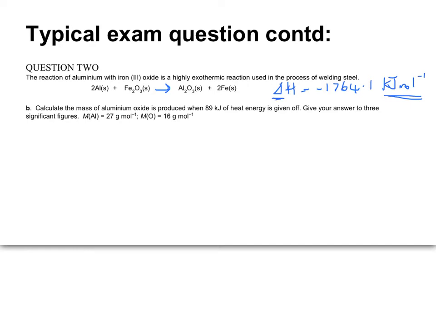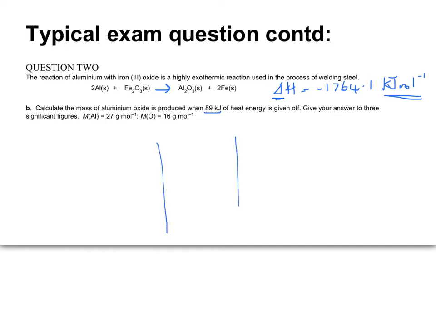Okay, but in the question they're telling us that instead of that amount of heat being produced, heat given off, we've got 89 kilojoules of energy given off. So in the last question we were given a different amount in the reaction of stuff, but in this one we're given a different amount of energy produced.